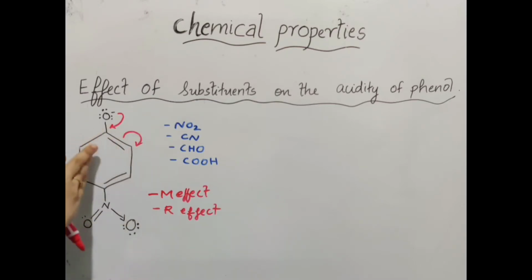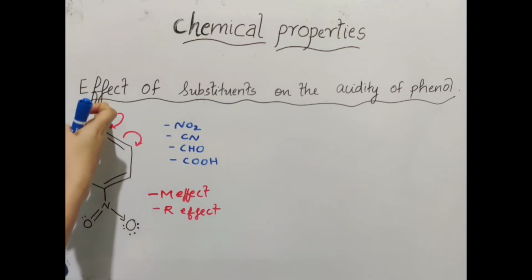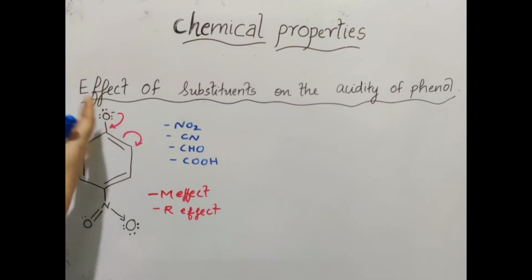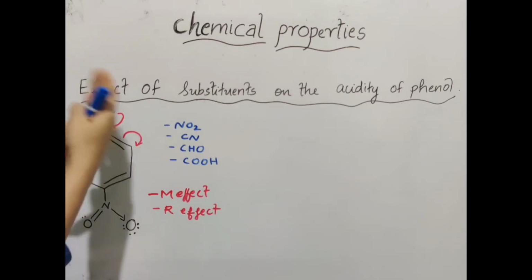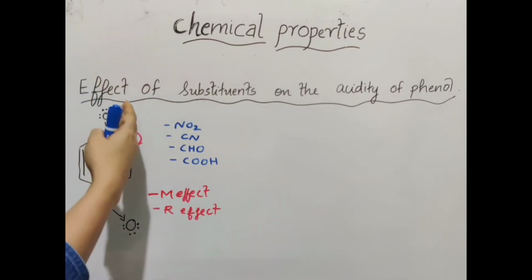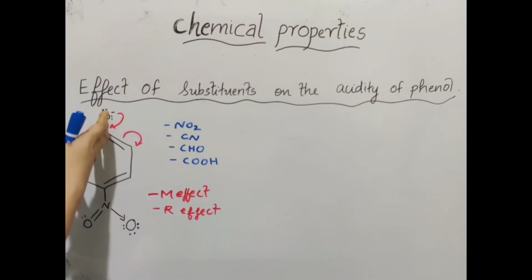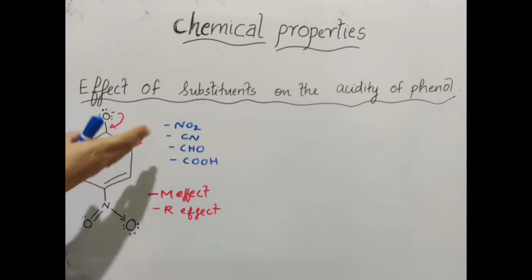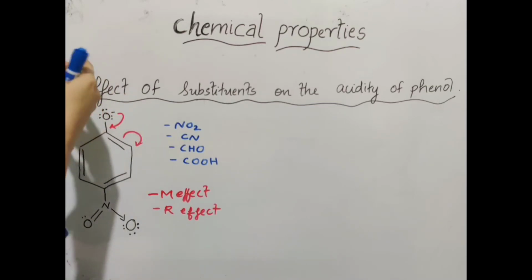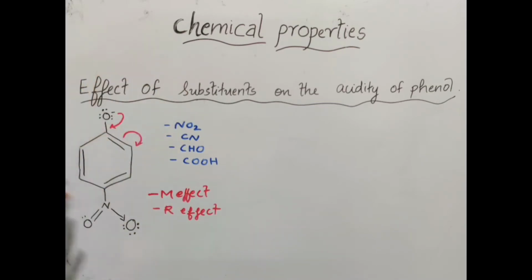Not only present on the benzene ring, it is shifted towards NO2 also. Hence, you can say that the charge density at the oxygen is lesser, and it will always try to release the H plus, that is in the OH group of phenol.